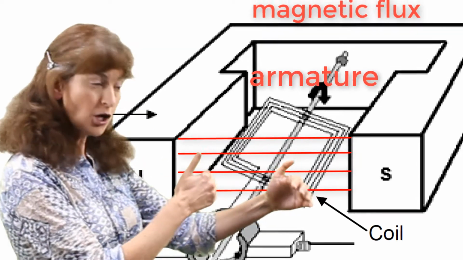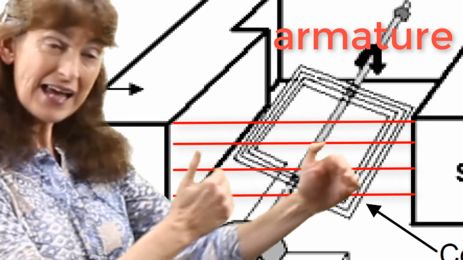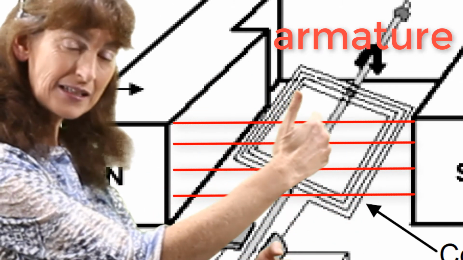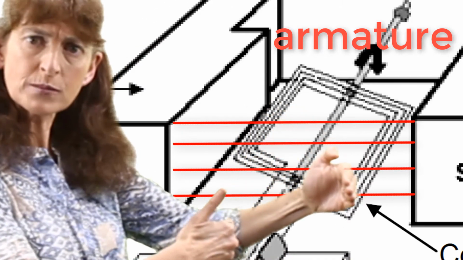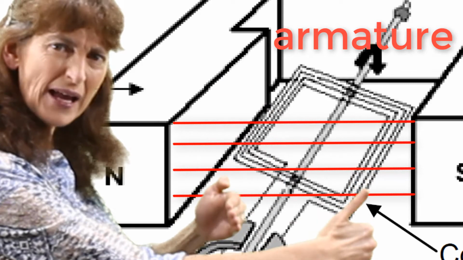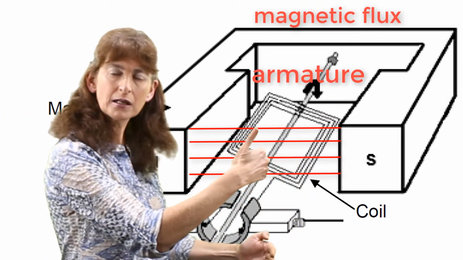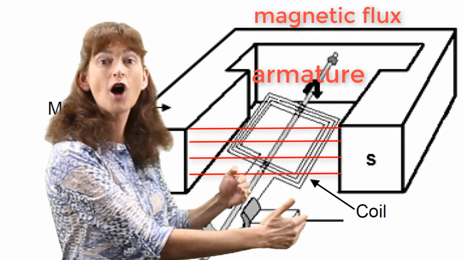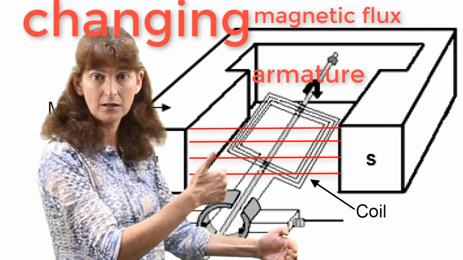This armature consists of a coil of wire, and as that coil rotates, can you visualize how the arms of the coil cut through these magnetic field lines? And by them cutting through the field lines, they are experiencing changing magnetic flux.